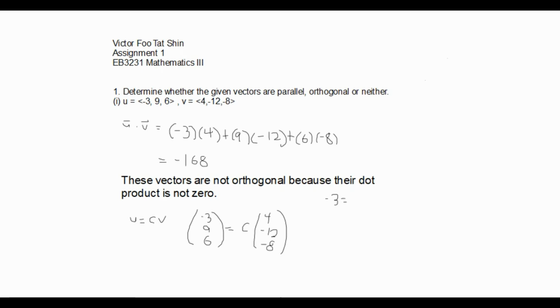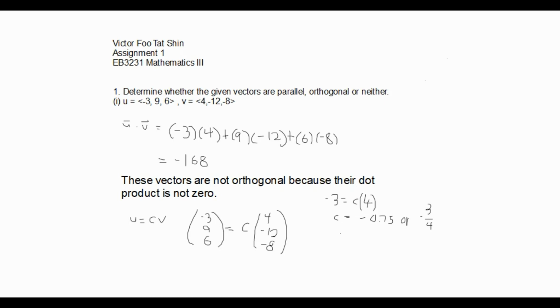-3 equals c times 4, so c is equal to -0.75, or -3 over 4.